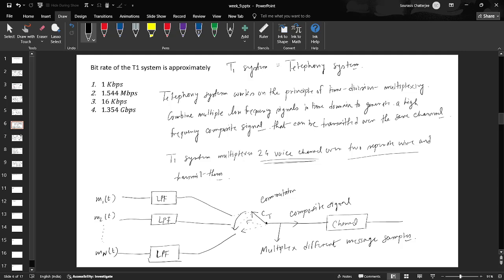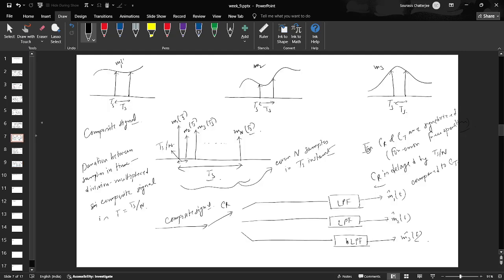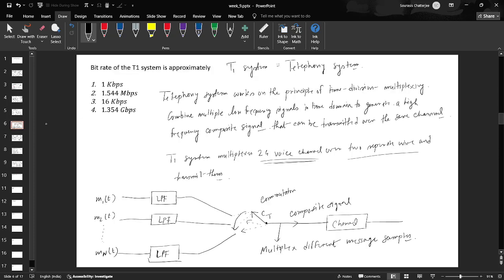Let us go back to our question here. Sorry, my calculation was wrong. It's 1.544 megabits per second. So the second option is your answer here. To answer this question, you are supposed to know how many symbols are multiplexed in the T1 system.